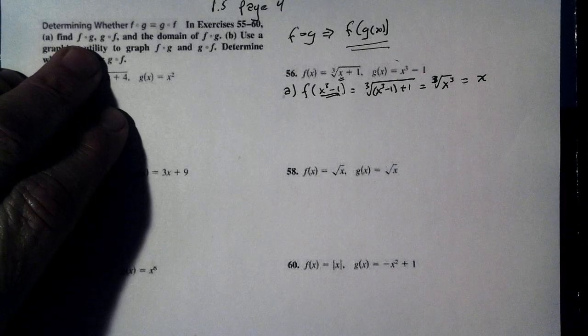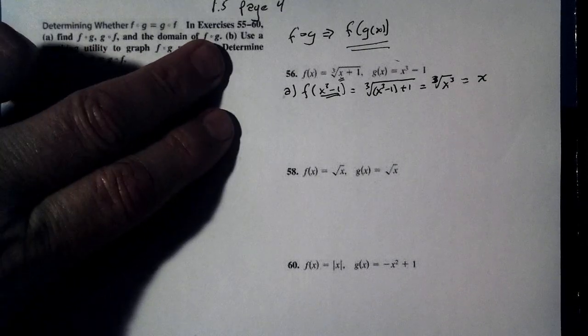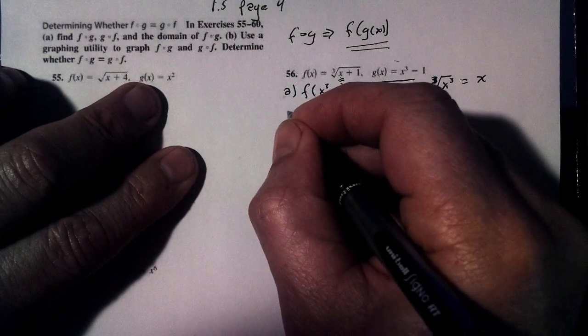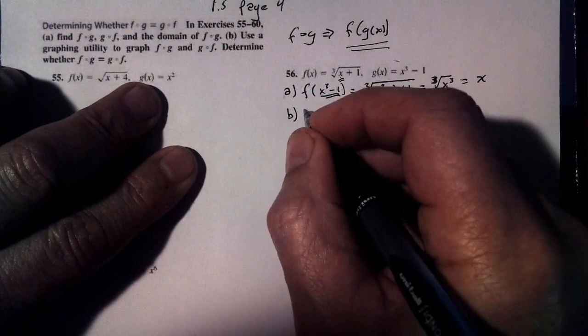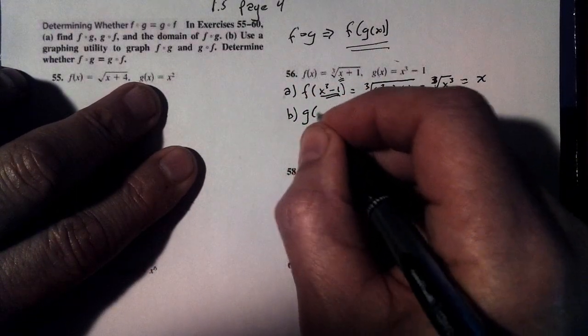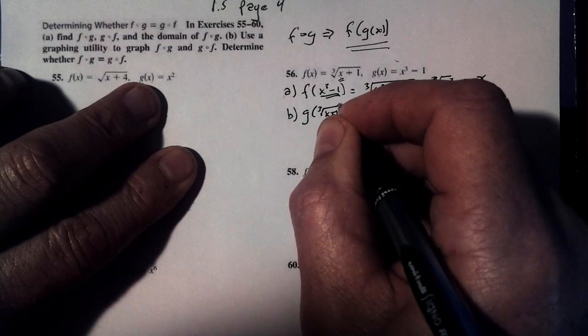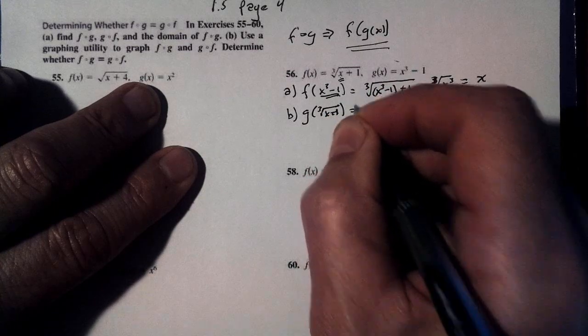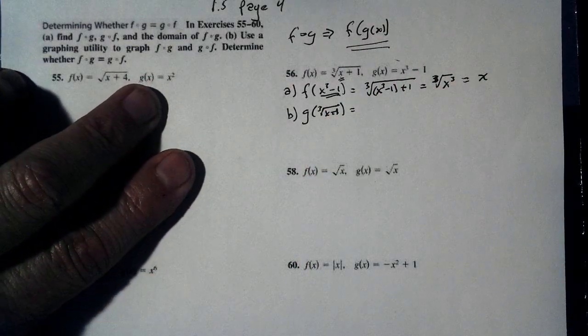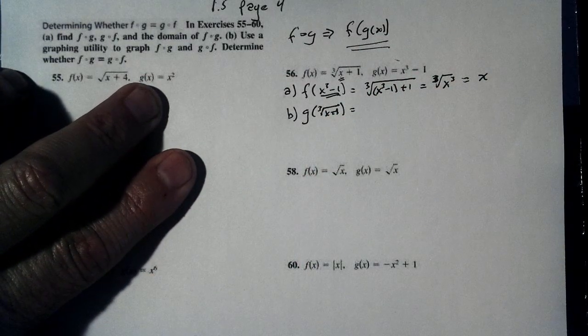Find f of g, g of f, and the domain of f of g. So let's go on with g of f. B, we want g of the third root of x plus 1, and this has a really familiar feel to it, like we just did a problem very similar to this back in the earlier part of this assignment.